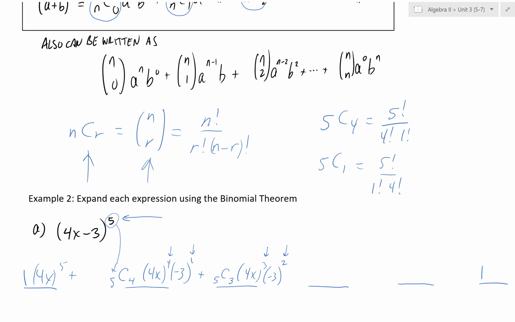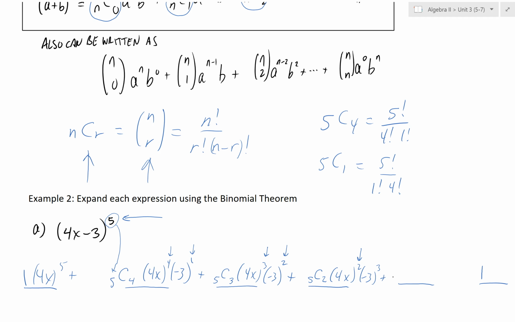I'll use 5 choose 3, but if you put 5 choose 2, it would turn out to be the same number. Okay? The next term is going to have (4x) to the second, (-3) to the third, and it's going to be 5 choose 2.